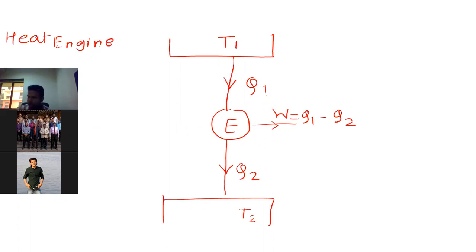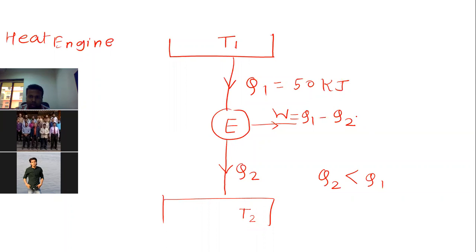Now, can you say that this value of Q2 is less than Q1? Yes, because Q1 is the heat received and Q2 is the heat rejected. Let us take an example. Let's say the engine is receiving 50 kilojoule of heat.